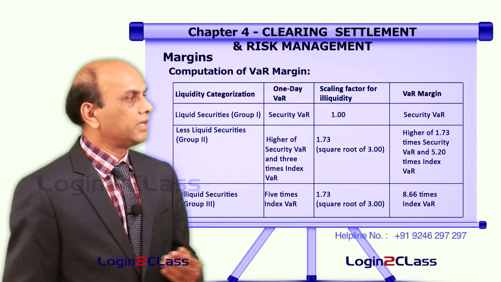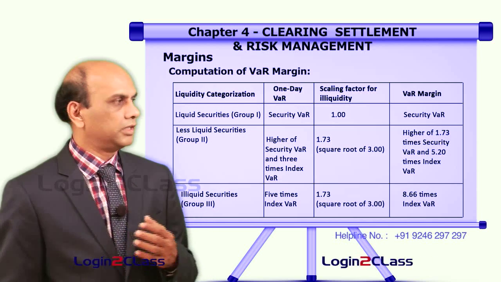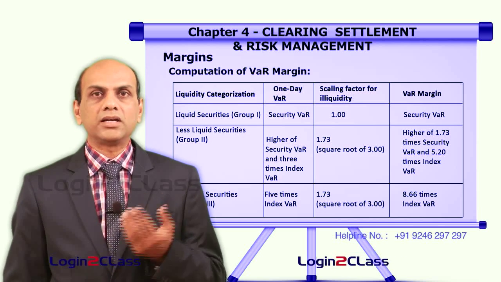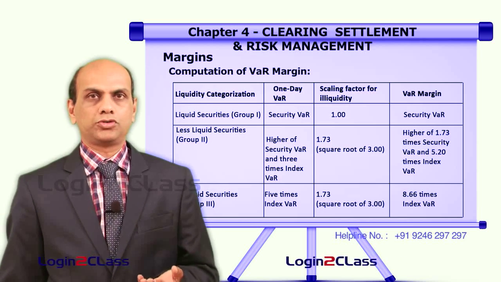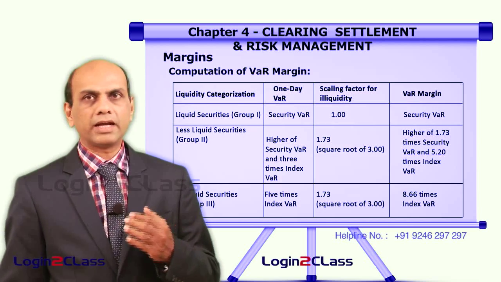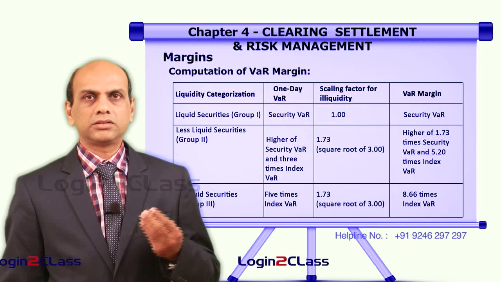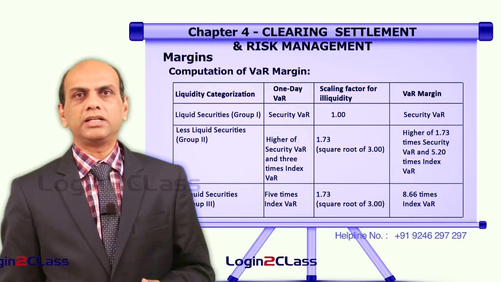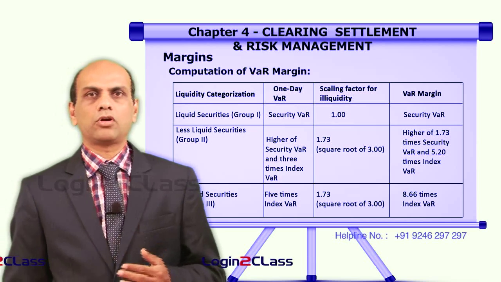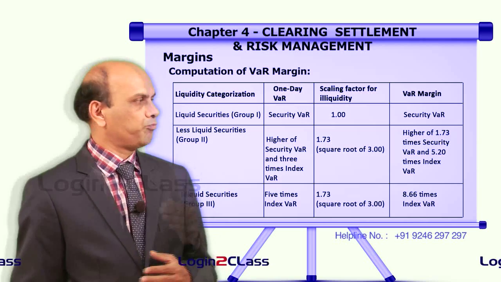Now, what is the scaling factor for illiquidity of this particular security? It is taken as 1. Now, what is the VAR margin that has to be imposed on such security which falls under liquid security group 1 category? It is security VAR, that is how the security's volatility as of previous day will be used for the purpose of VAR calculation of such security margin.